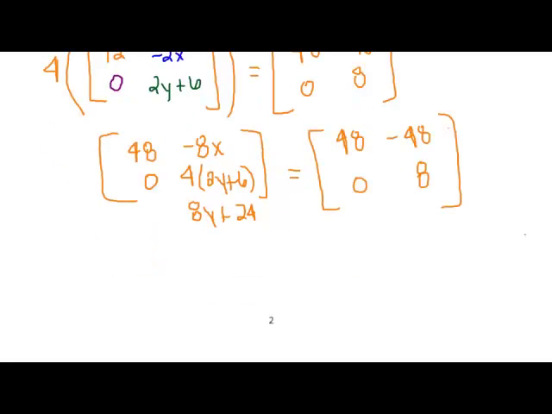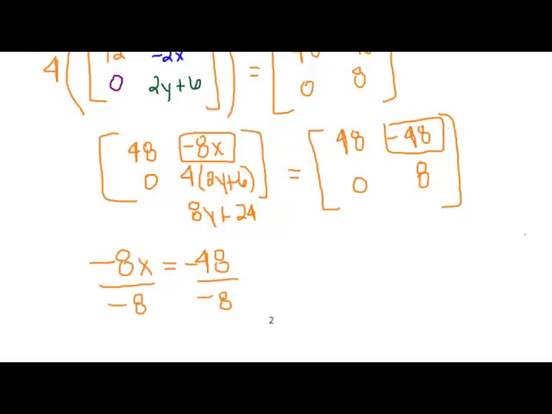So now we have to solve for our variables. So we first want to solve for x. So notice we have a negative 8x, and that's equal to negative 48. So we set those equal to each other. To solve for x, we know we divide by -8, and x equals 6. We also need to solve for y. So we have 8y plus 24 equals 8.